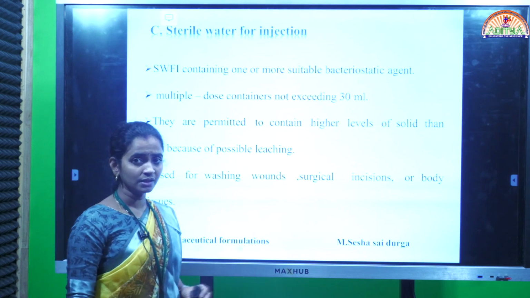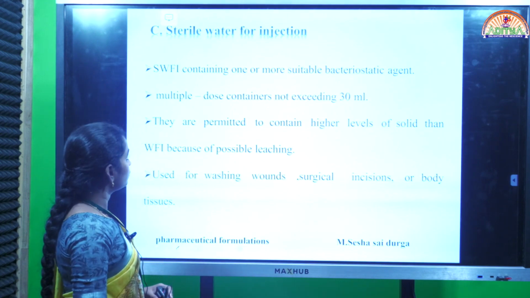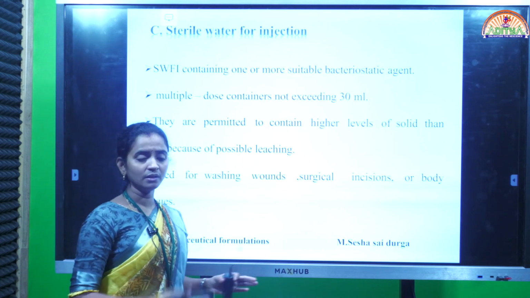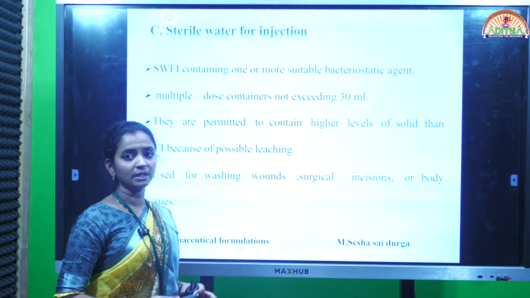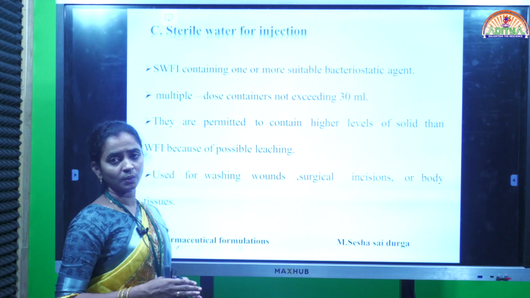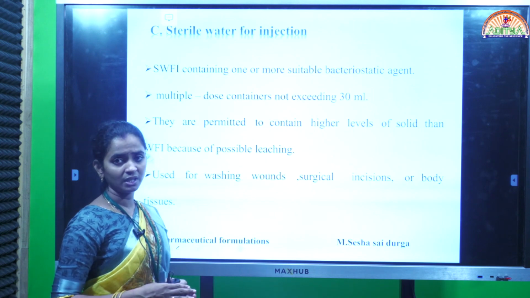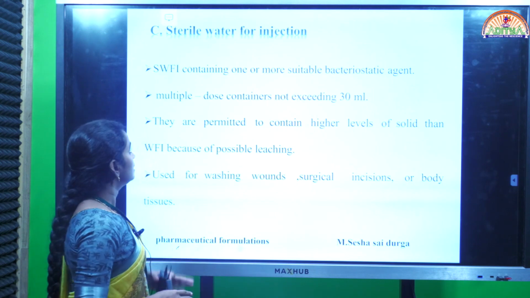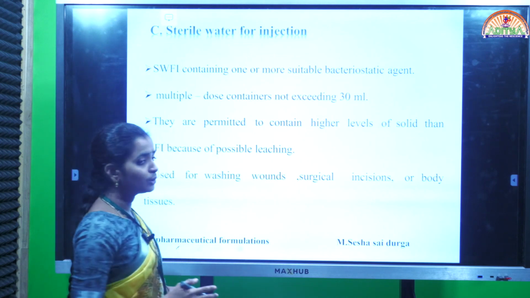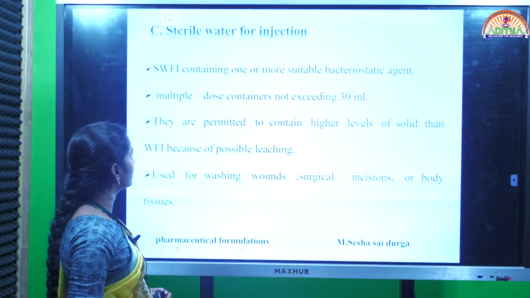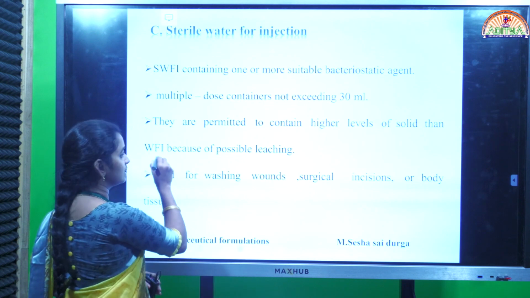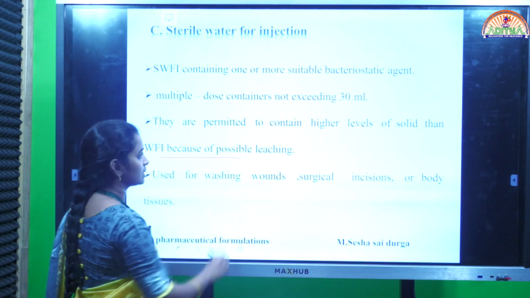And third one is sterile water for injection. Sterile water for injection contains one or more suitable bacteriostatic agents. In the first one, bacteriostatic water, there is only one ingredient we include, to suppress the growth of bacteria and other contaminating microorganisms. But in sterile water for injection, we can use one or two bacteriostatic agents, and they are permitted to contain higher levels of solids than water for injection.